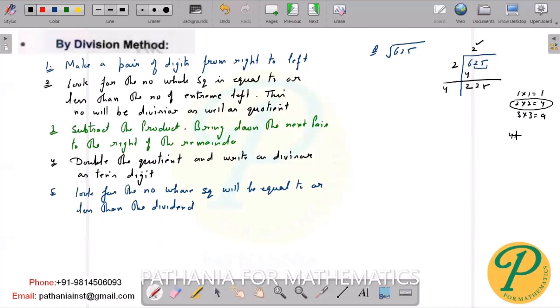It is like this: 41 into 1, 42 into 2, 43 into 3, 44 into 4, 45 into 5.